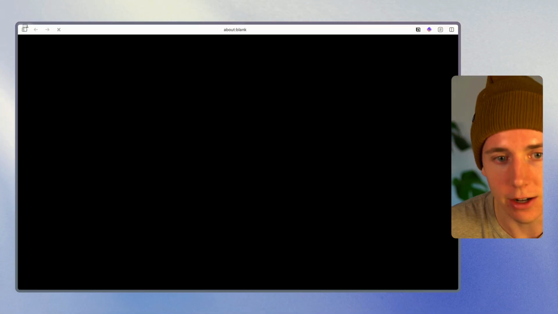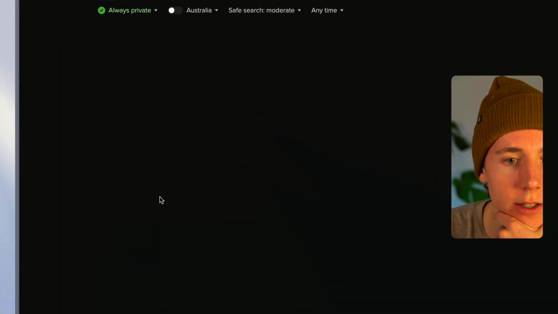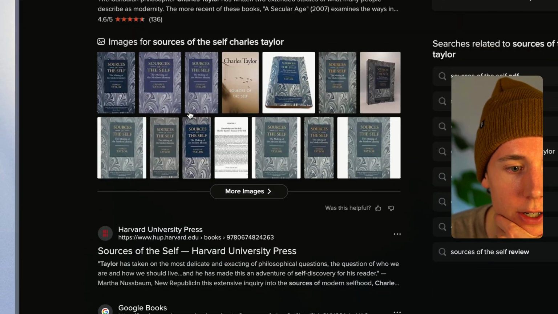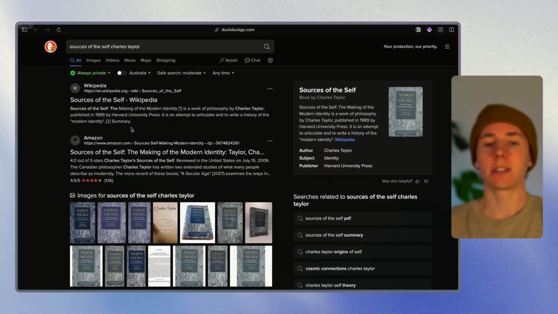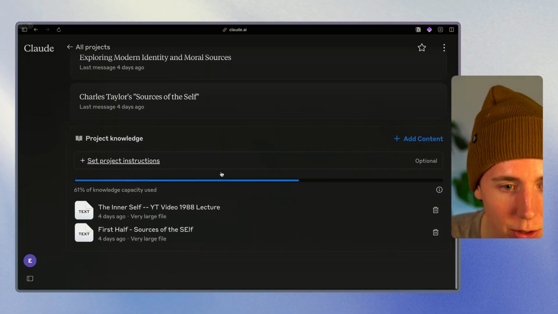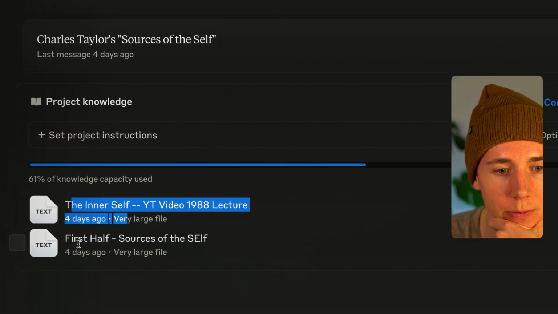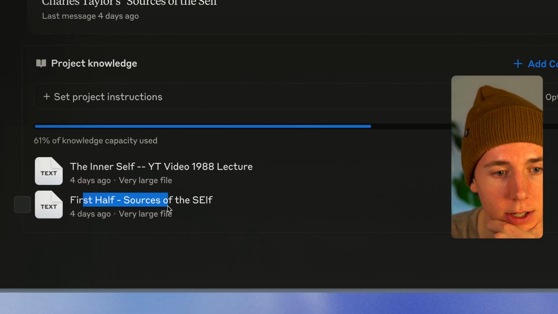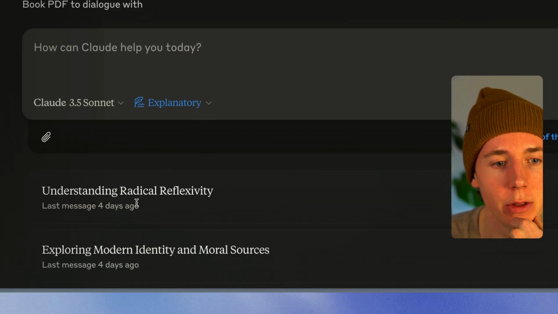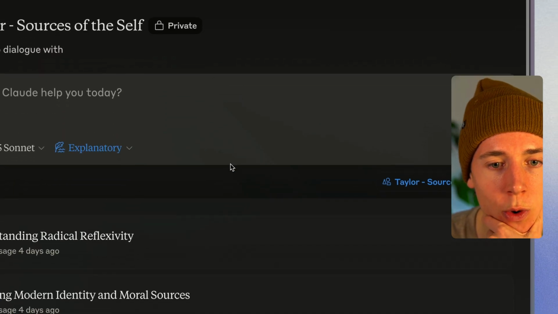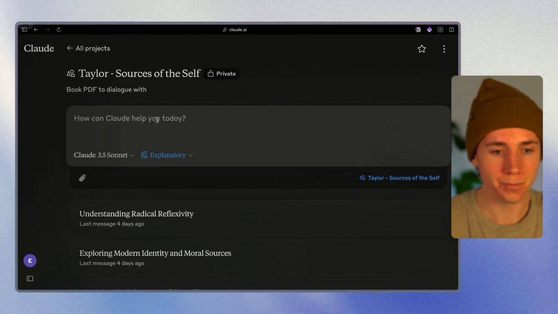It's like a 700-page Goliath with tons of jargon that is extremely hard to understand. So I was like, oh God, I need to integrate this. I took one of his lectures from YouTube about the book, and I took the first half of the book because I try to put most of it in here, and it was way over the allotment.